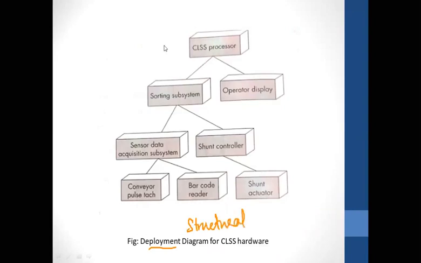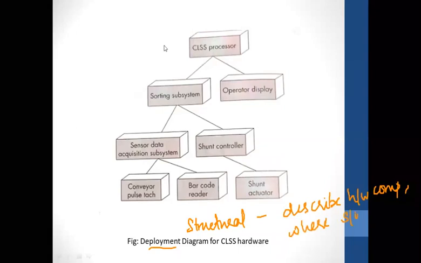Now these deployment diagrams are used so that you can describe the different hardware components. These hardware components are the components where your software is going to reside. That is the deployment diagram. So for the CLSS processor, the different hardware components will be identified.